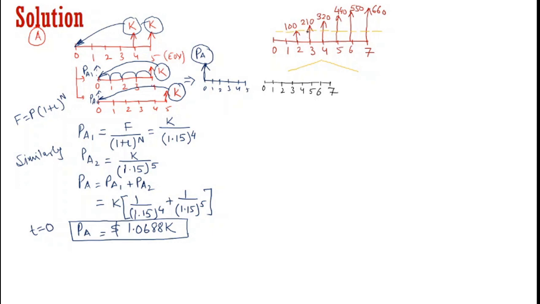One cash flow is below this yellow dotted line. If I draw this, the first transaction starts here, 100. Another one will also be 100, and it continues till the end. Every transaction is 100. And the second series is what we can have from this, 0, 1, 2, 3, 4.